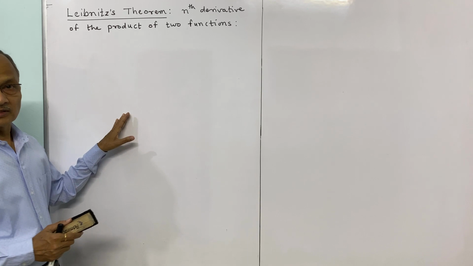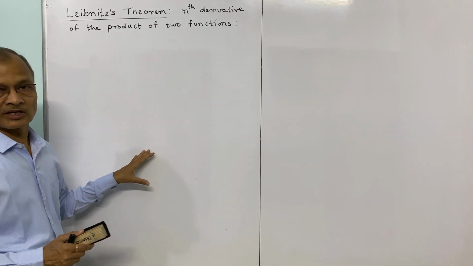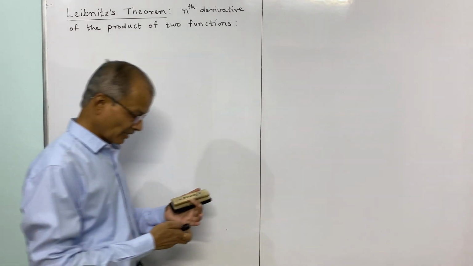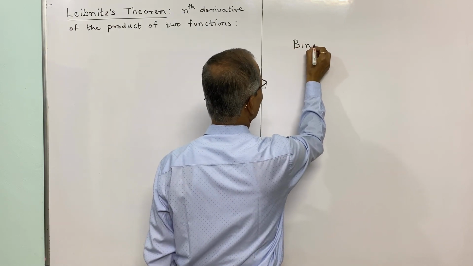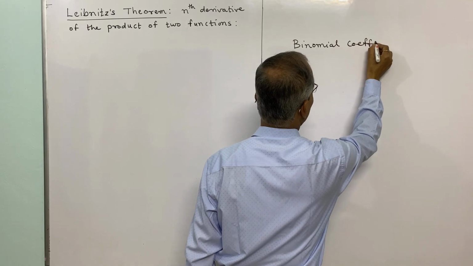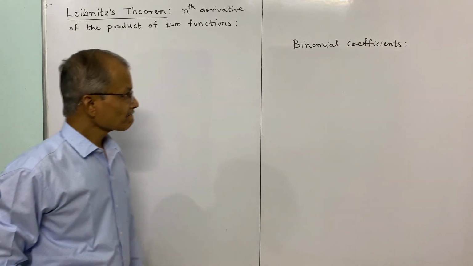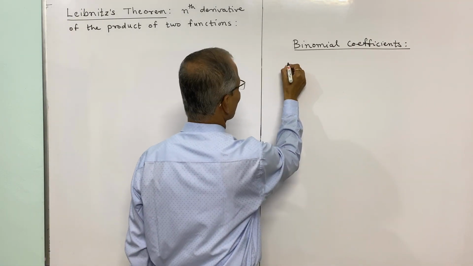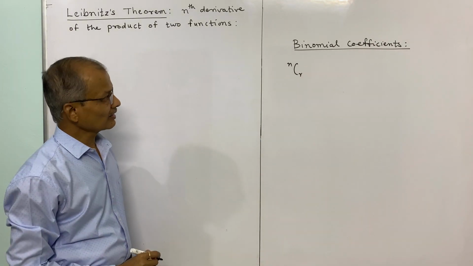Before considering the theorem and its proof, we shall have some revision of binomial coefficients, or formulae from combinations. We have studied this earlier. Now we know this symbol, or the formula, n choose r, or nCr.